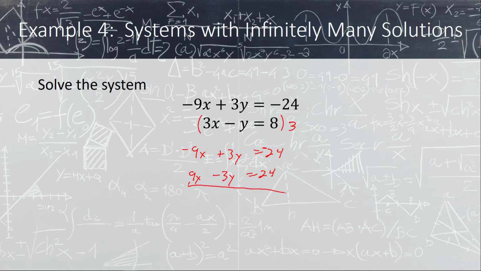And when I add, this cancels, this cancels, this cancels, I have that 0 is equal to 0, which is a true statement. So the solution to this system of linear equations is going to be all the points on the equation y is equal to 3x minus 8.